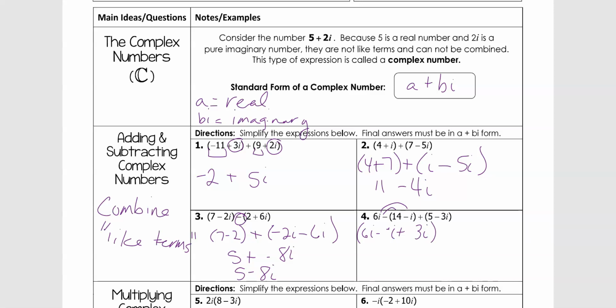And then our whole numbers, our real numbers, we have negative 14 plus 5. So negative 14 plus 5, that's negative 9. And we're doing that part first because it's real. 6 minus negative 1 is going to be 7, plus negative 3 is 4i, right? So adding and subtracting complex numbers is the same as adding and subtracting like terms, nothing to it.